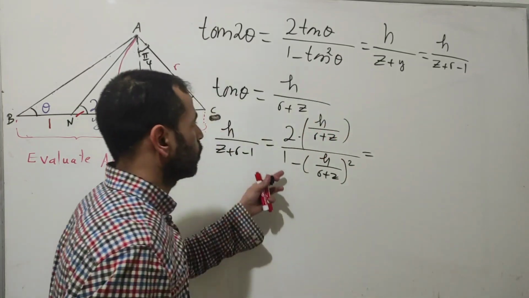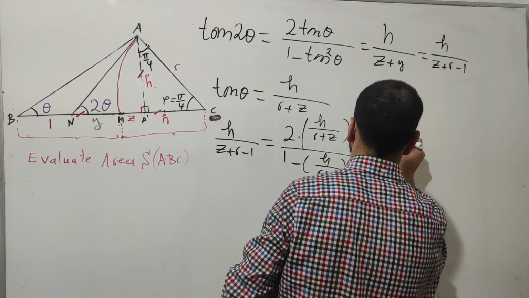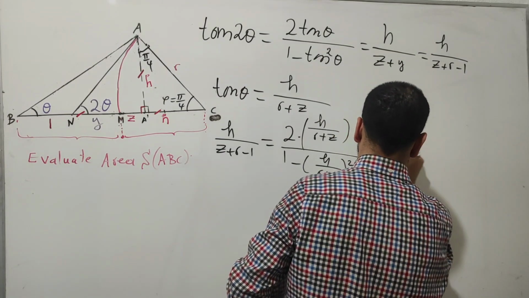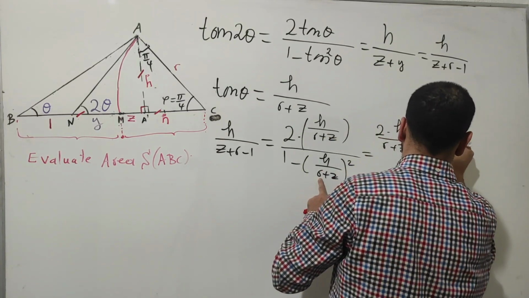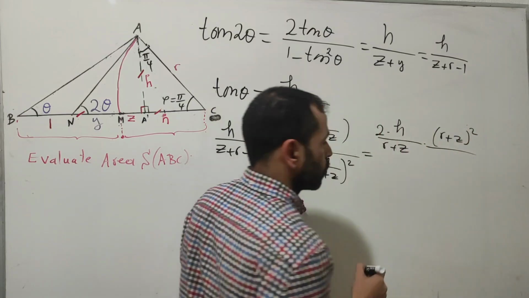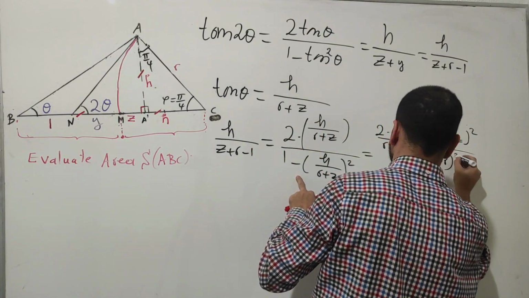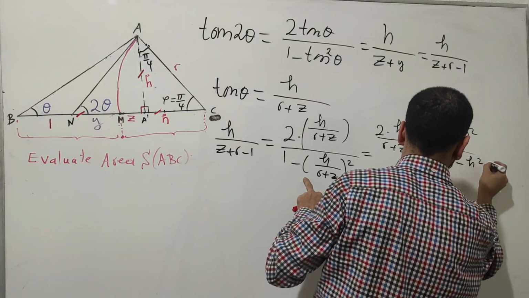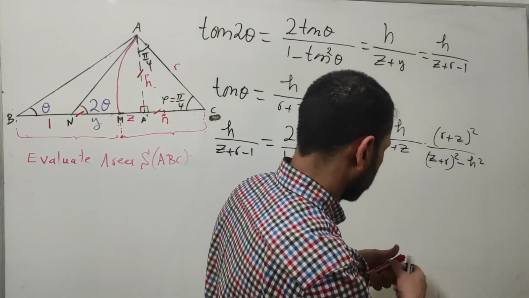If I simplify this one, I'm going to cancel R plus Z. It's going to give us 2 multiplied by h all over R plus Z, multiplied by R plus Z quantity squared, because I'm taking the inverse of this one, all over Z plus R quantity squared minus h squared. Obviously I'm going to make some simplification here.